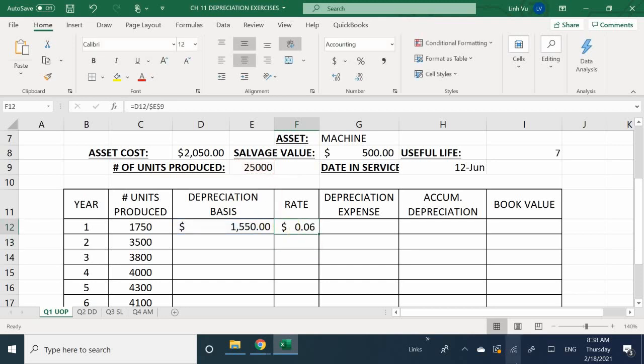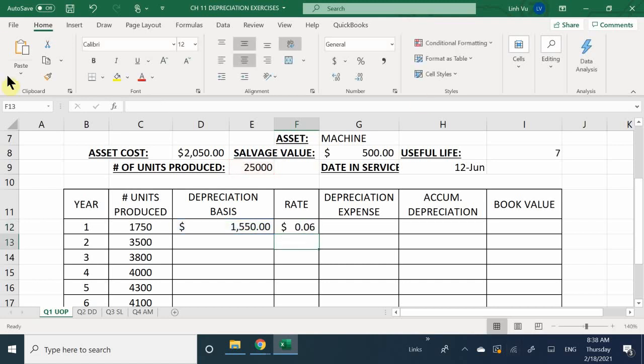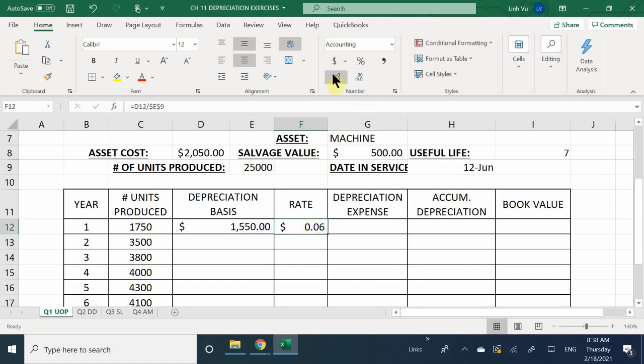I did not get that. How did you solve for the rate? So the base is divided by the units produced, right? Yes. Okay. Mine is 0.062. Let me go ahead and expand that so we know that it's actually not just 0.6, it's 0.062.